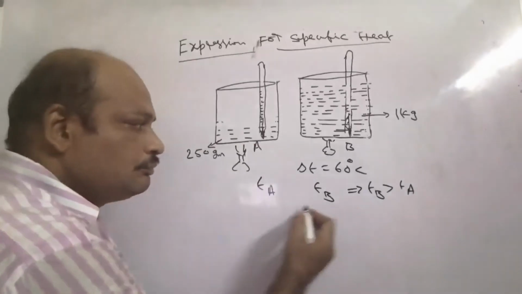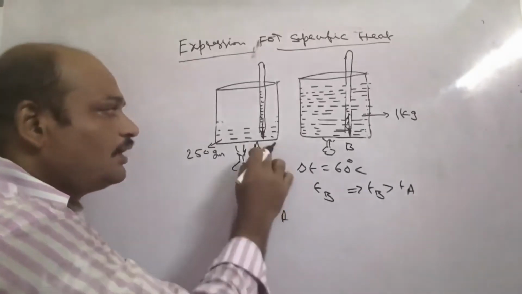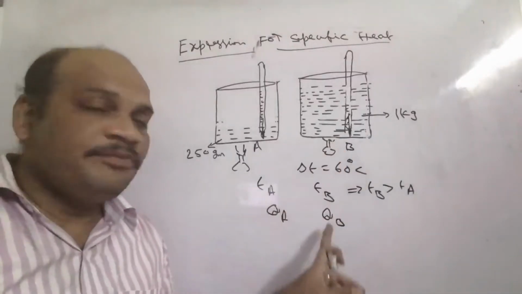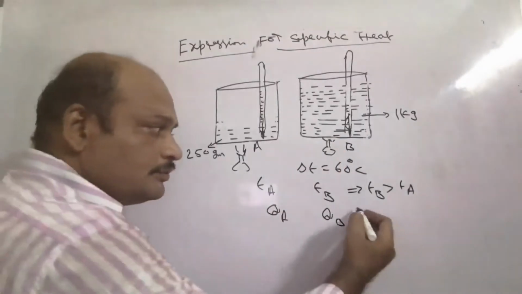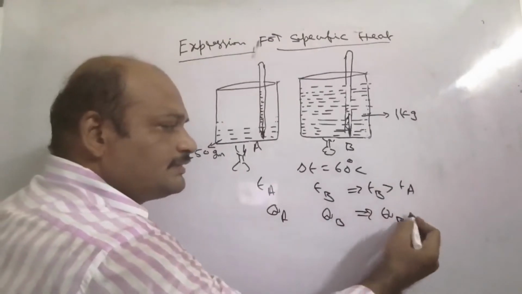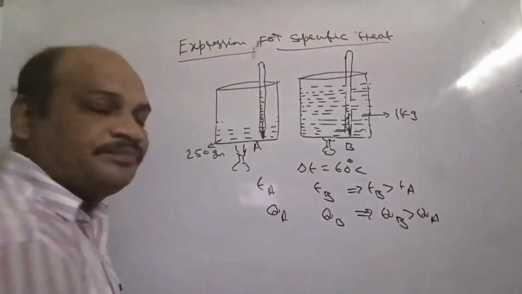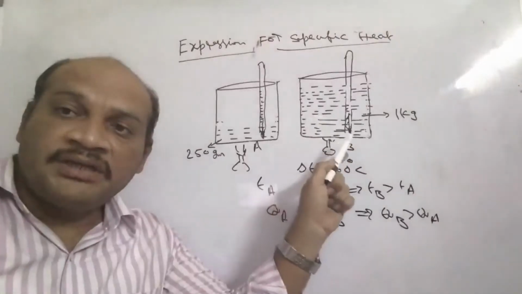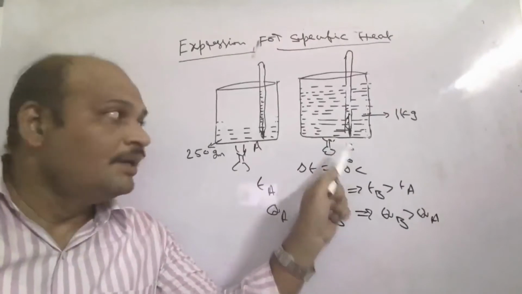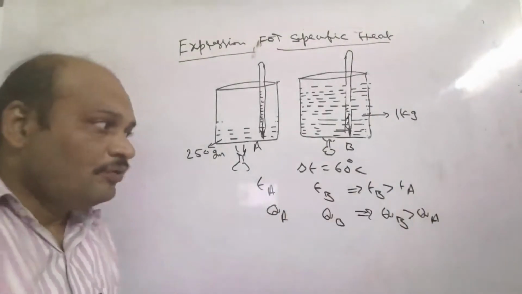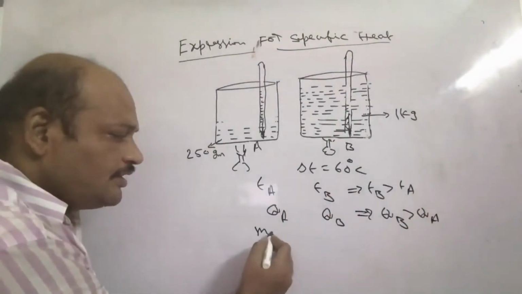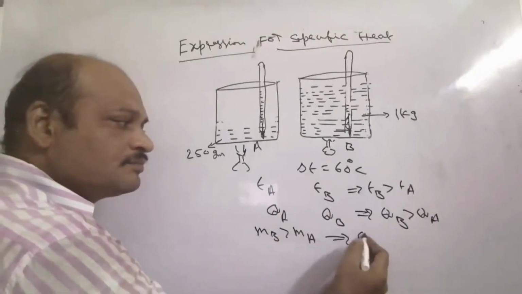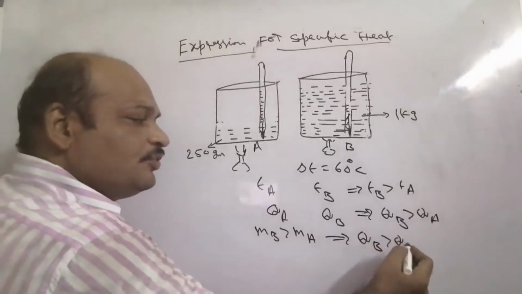So the amount of heat given to water in A beaker is QA, and the amount of heat given to B beaker is QB. So QB is greater than QA. Why is more heat required for the water in B beaker? Its mass is more. We know very well MB is greater than MA. Due to this, QB is greater than QA.